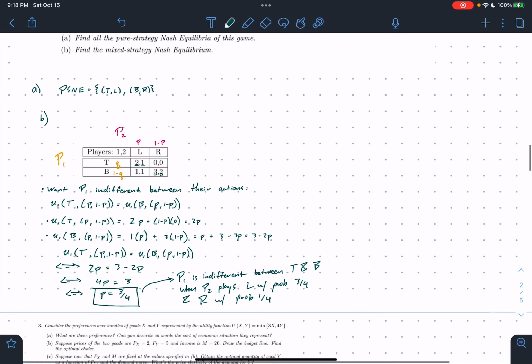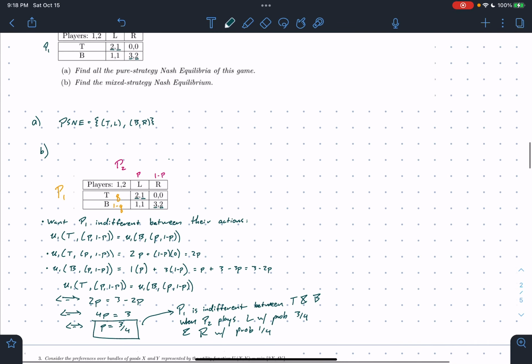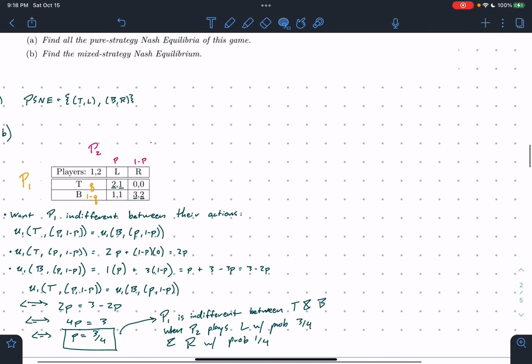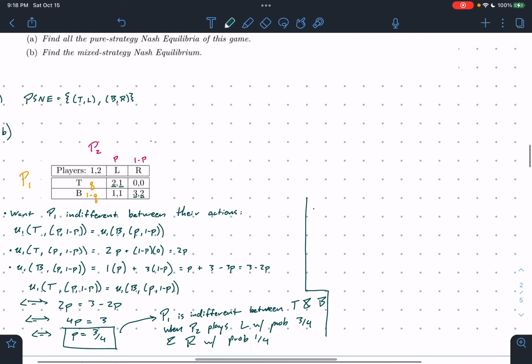All right. So that's a way of representing with words what we mean. Now we want to do the same thing, but for player 2. So we need the utility of player 2 from playing L, given that player 1 is playing T with probability Q and B with probability 1 minus Q. We need this to equal the utility of player 2 playing R, given the same mixed strategy.